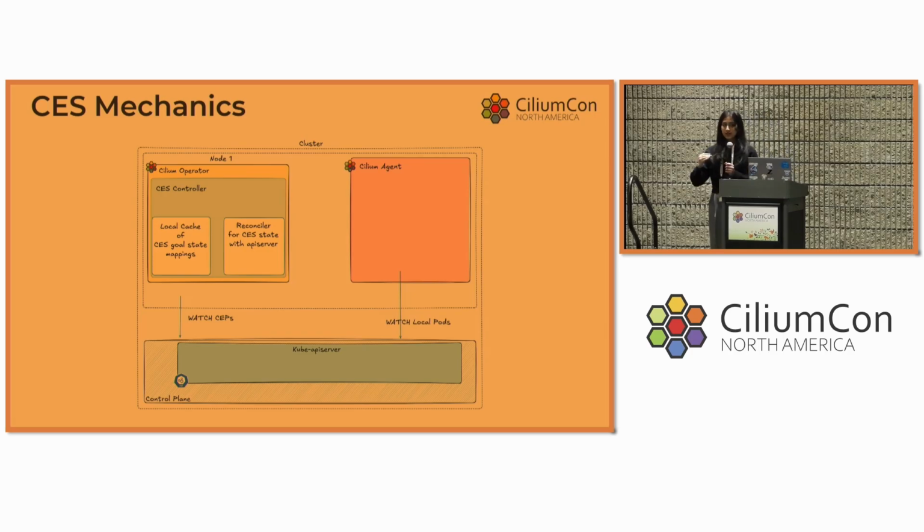It asks, what is the biggest Cilium endpoint slice I have with available slots, and batches the core Cilium endpoints into that slice. It maintains a local cache of goal state mappings in the CES controller. It also runs a reconciler, and this reconciler syncs the goal state mapping in the local CES cache to the API server so that the entire cluster can be aware of the CES representation of the cluster.